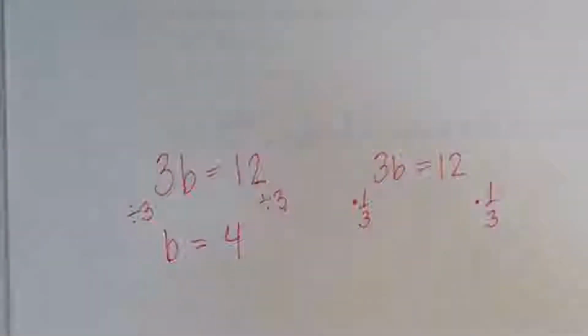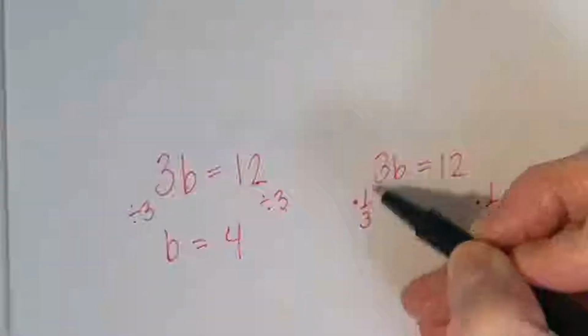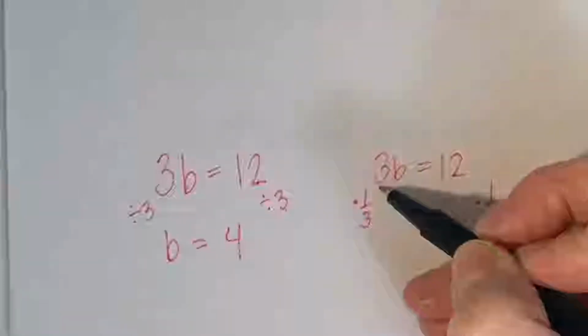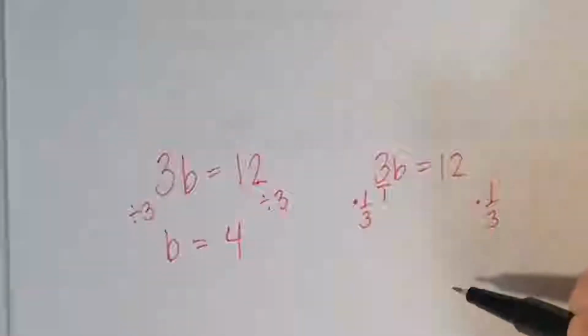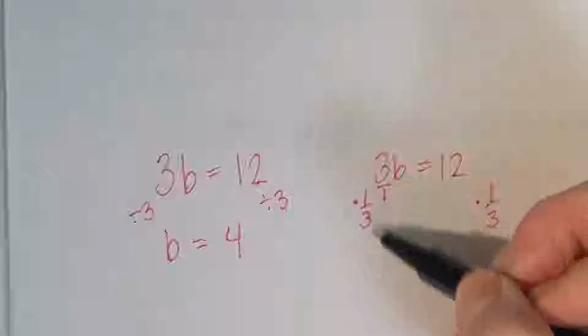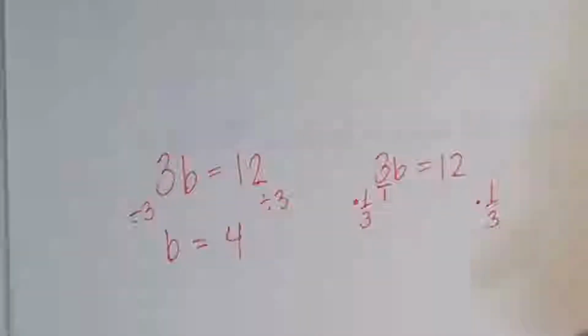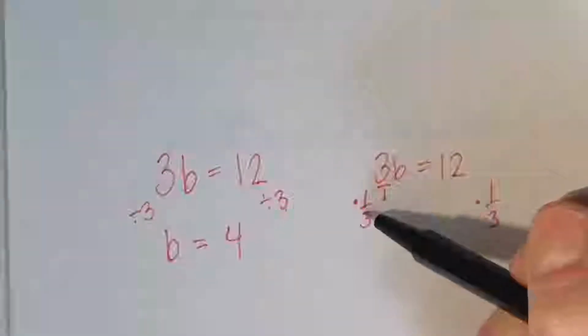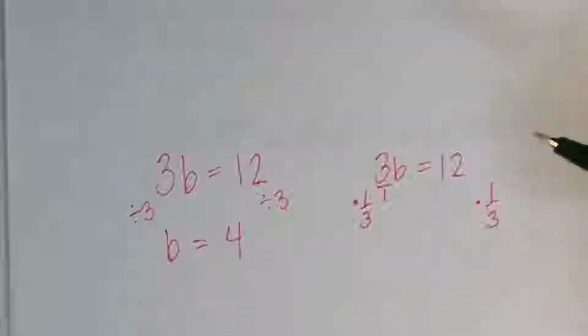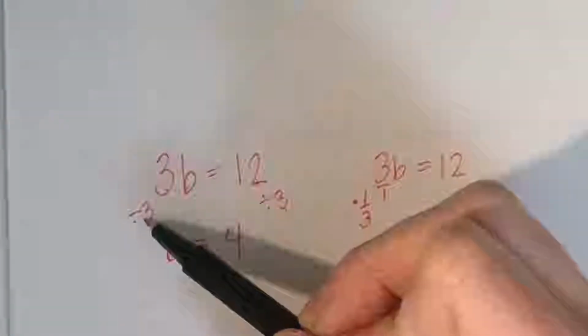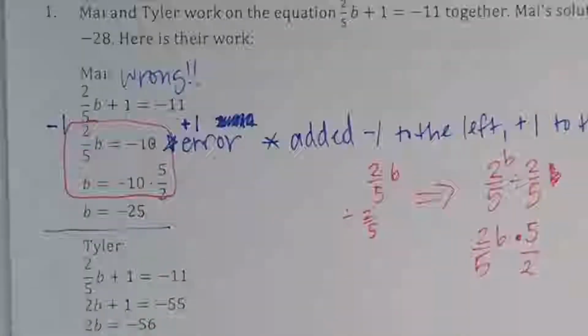Dividing by 2 is the same as multiplying by 1/2. If I look at 3 and 1/3, 3/1 and 1/3, that's the reciprocal. Any number times its reciprocal equals 1, just like any number divided by itself equals 1.